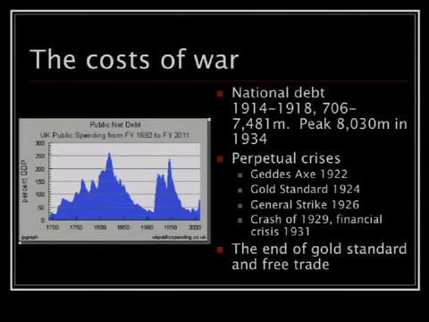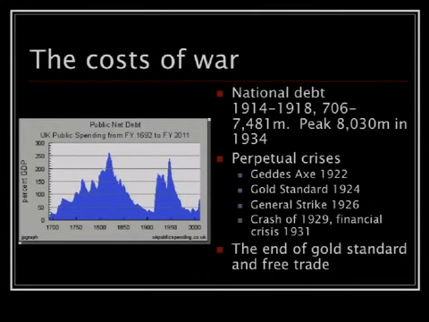And that's going to have a major crippling effect on the British export industries, as we'll see shortly. 1926, then the general strike, which is a response to the declining wages that have come in with the economic downturn after the war. And then finally, the financial crises of 1929 and 1931. Okay?